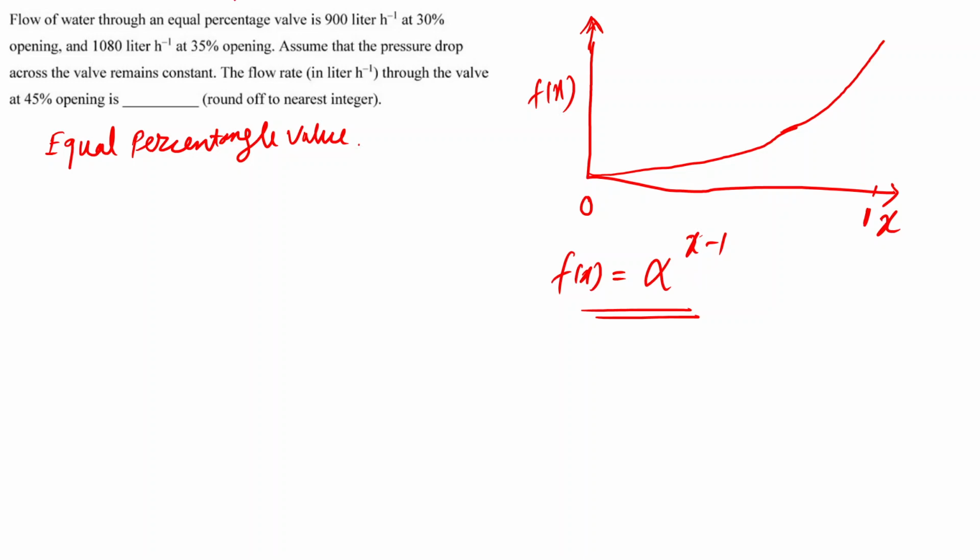So in the question, we have been given that the flow rate F1 is 900 liters per hour when the valve opening was 30%, that is x1 is 0.3.